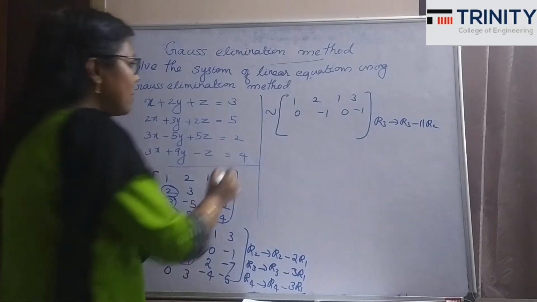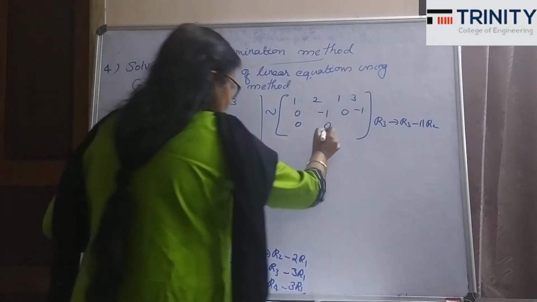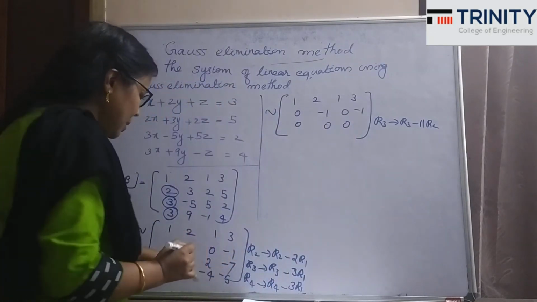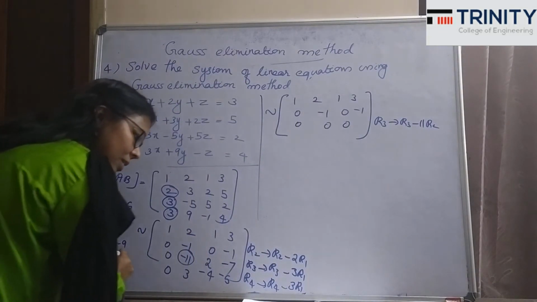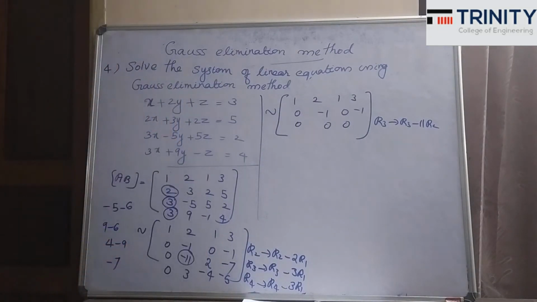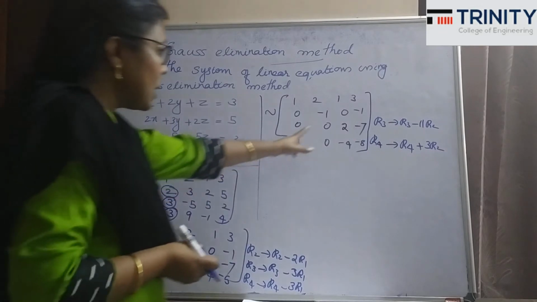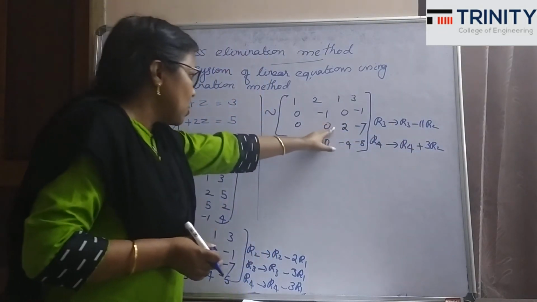That is 11 minus 11, 0, 0, 0. Then 2 minus 0, 0. Then minus 7. Here R3 becomes R3 minus 11 R2. That is 11 minus 11, 0.